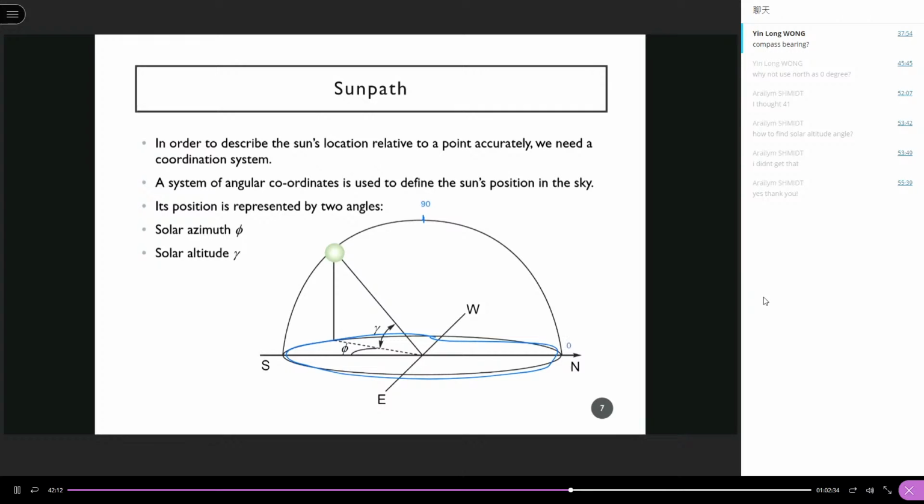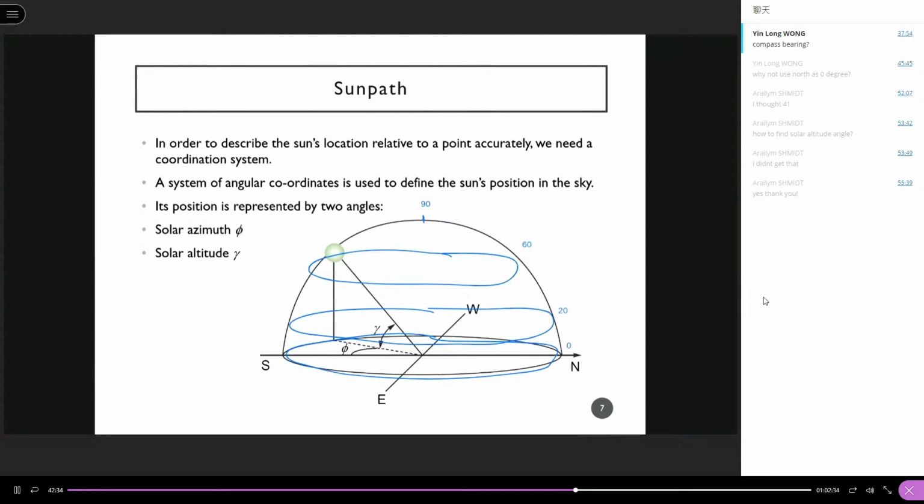And I may have another circle representing a solar altitude angle of maybe 20, and then another circle representing a solar altitude angle of, let's say, 60.